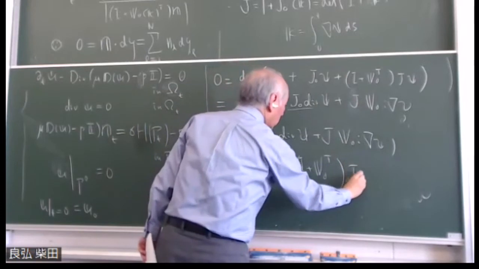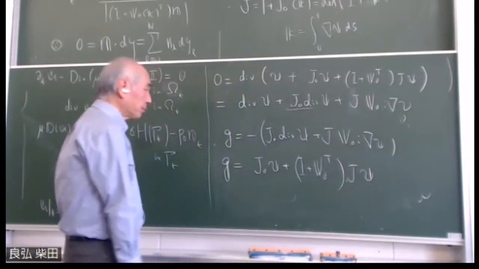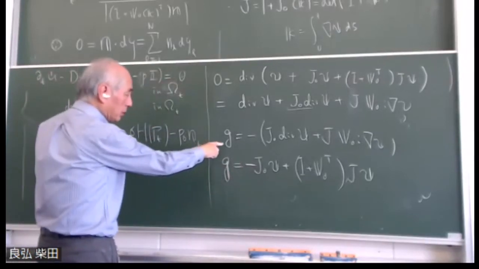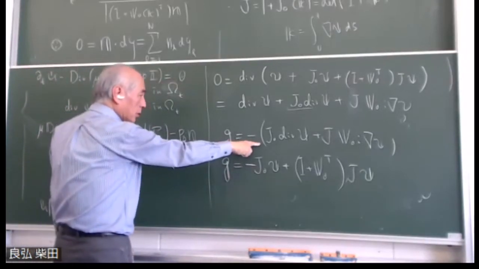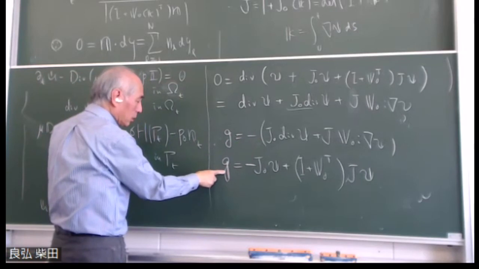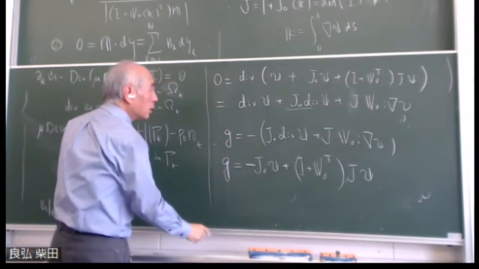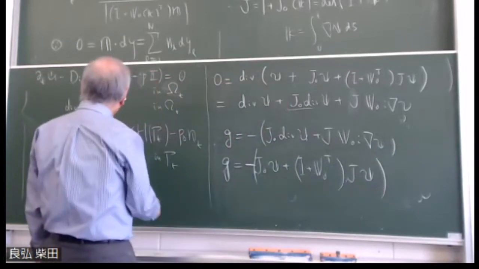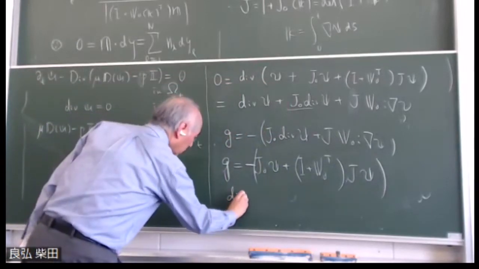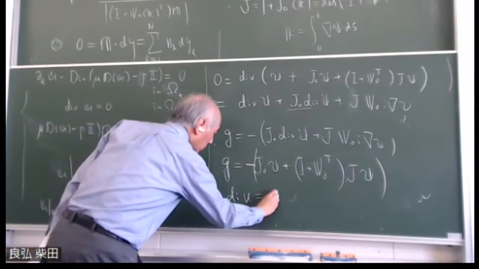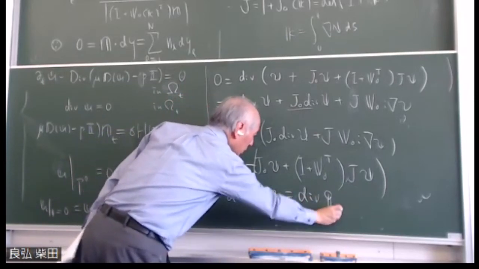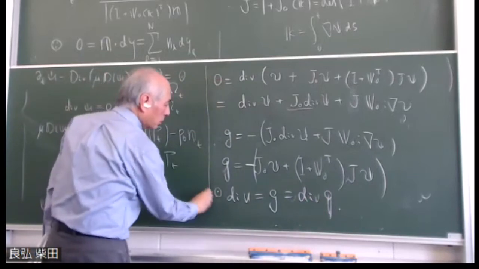J is the scalar, this one. If we set this, we write small g as the definition of this, and the capital vector G is this. Sorry. Then the divergence condition becomes div v equal to g equal to div G. This is the divergence condition.